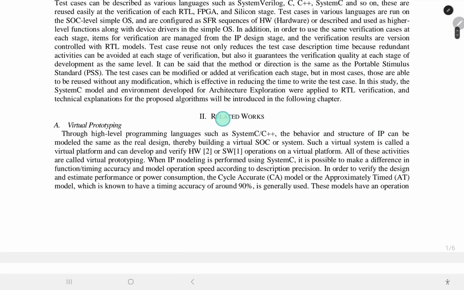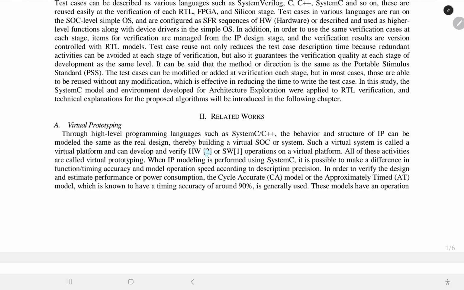2. Related works. The virtual prototyping. Through high-level programming languages such as SystemC or C++, the behavior and the structure of the IP can be modeled the same as the real design.